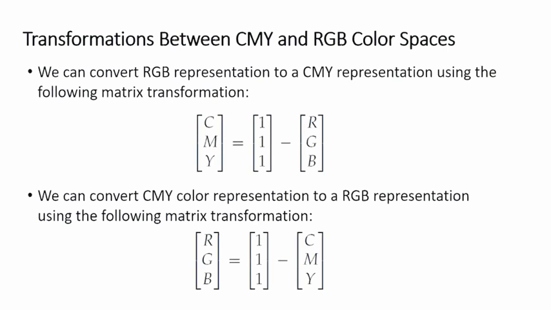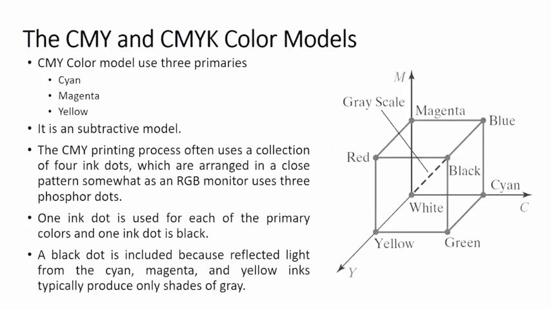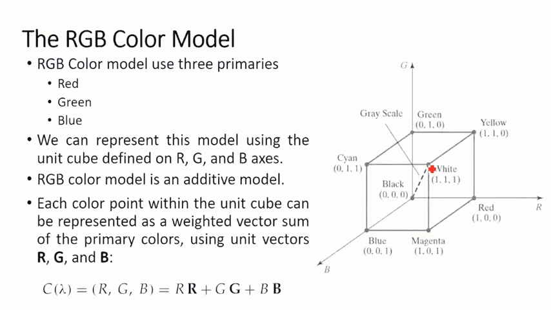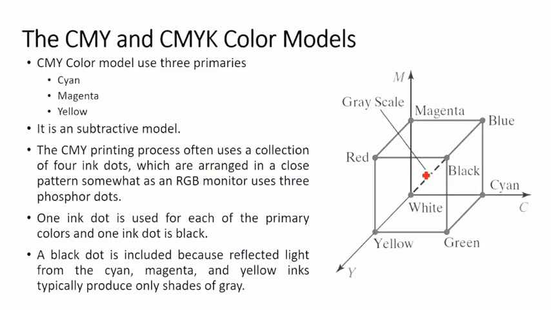Moving forward, we will see how to transform CMY to RGB or RGB to CMY color representation. Let's say I have the RGB color, R 1, G 1 and B 1. When I have an RGB value of 1, 1, 1 in the RGB cube, the color is white. Now for us in the CMY color model, white is actually 0, 0, 0.